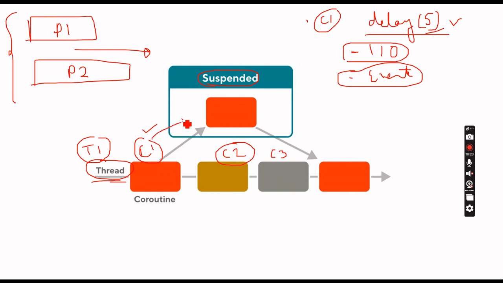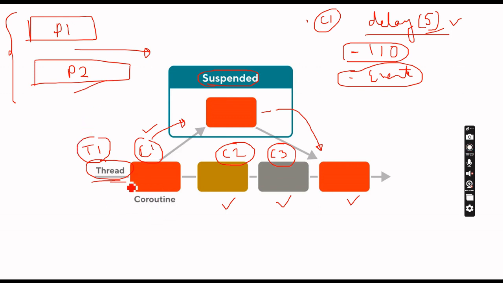C2 gets executed and completed. C1 is still in a suspended state, so the thread starts executing C3, and when C3 gets completed, C1 enters the resumption state. It will be pulled back onto this thread and part 2 of C1 will get executed completely.